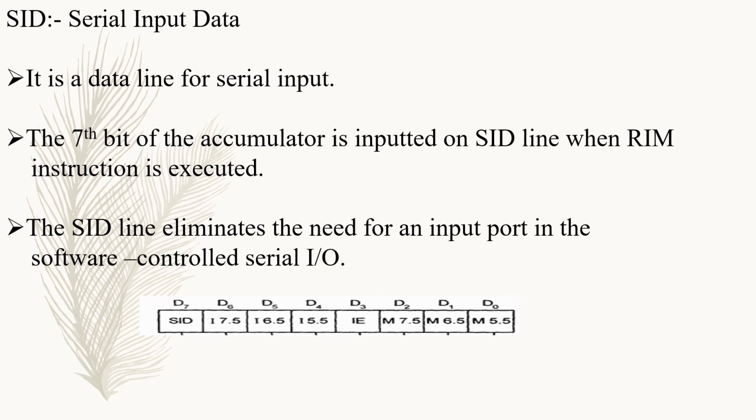When SID is activated, the data is loaded into the seventh bit of the accumulator and it is ready to read the data. The SID line eliminates the need for an input port in software controlled serial input output. Because of SID, the need for bulky serial ports has been eliminated. We have compensated it with just a single pin.